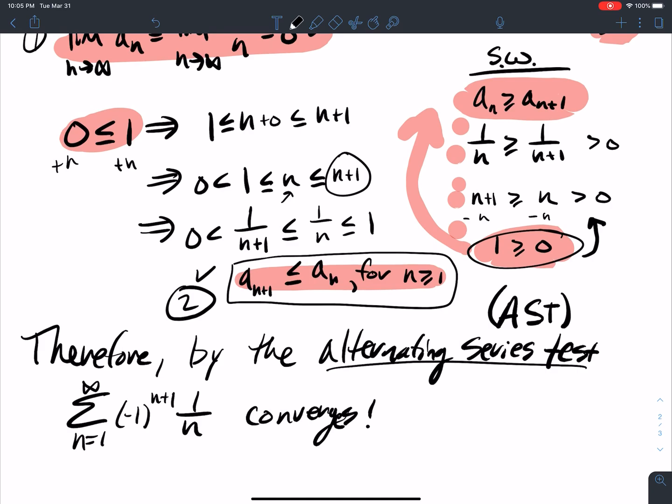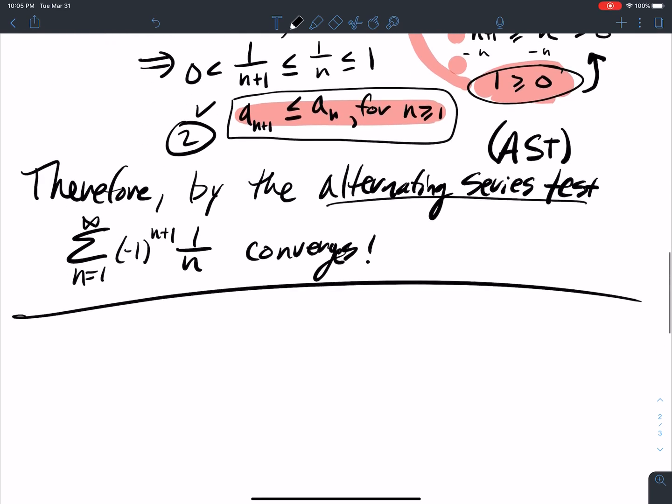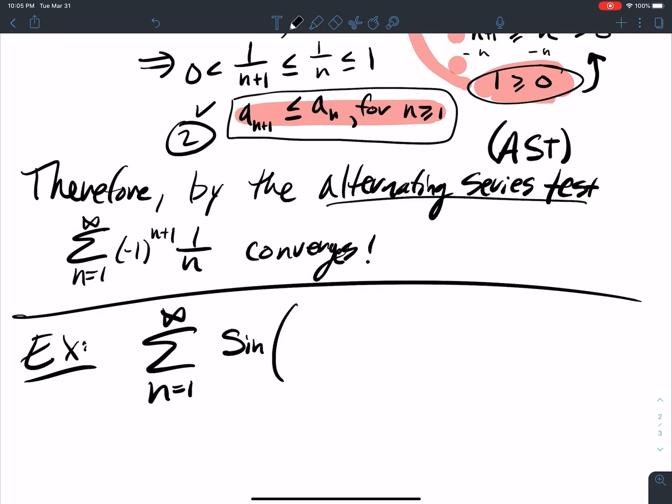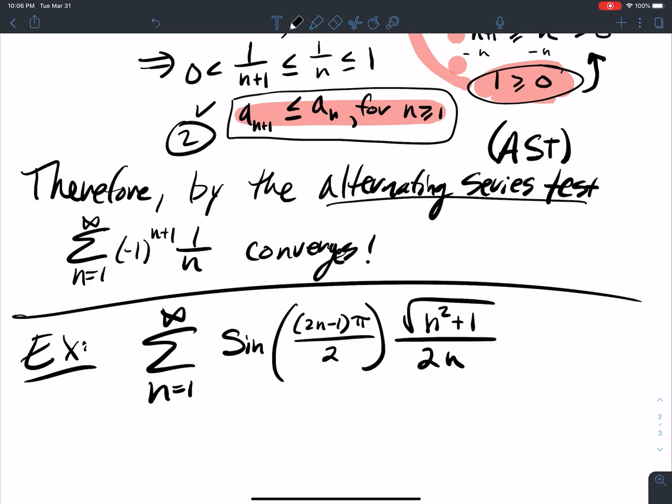All right. Not too bad. Let's try another example. The series from n equals 1 to infinity of the sine of (2n minus 1) pi over 2, times the square root of n squared plus 1, divided by 2n.